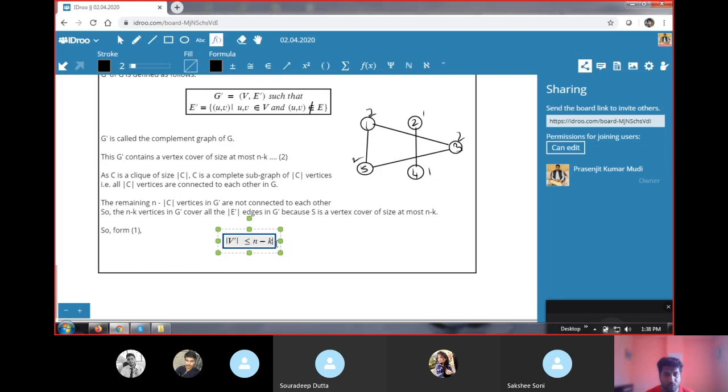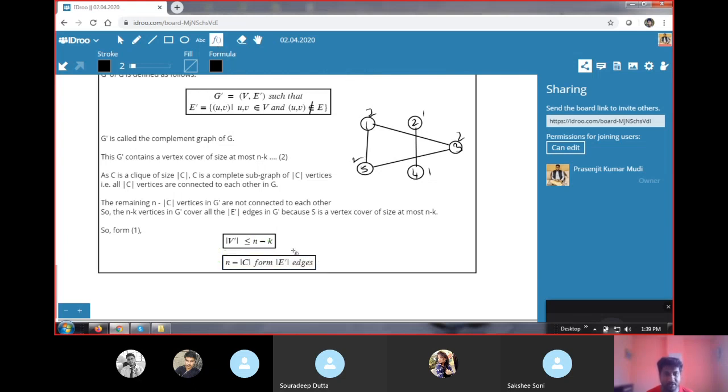So in the next line we can say that n minus mod C is less than or equal to n minus k.